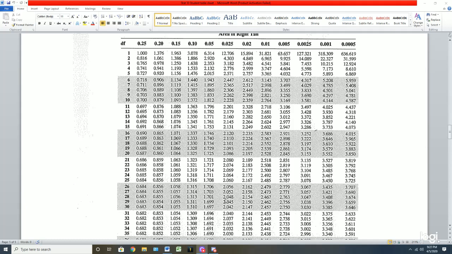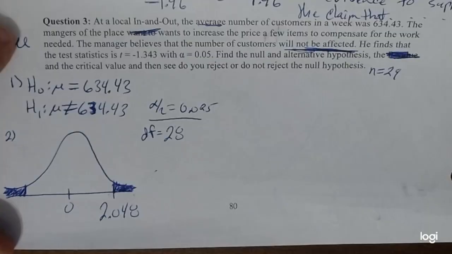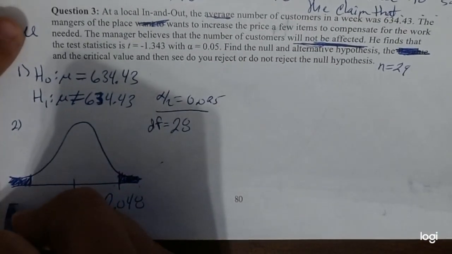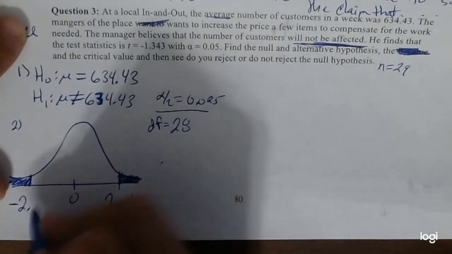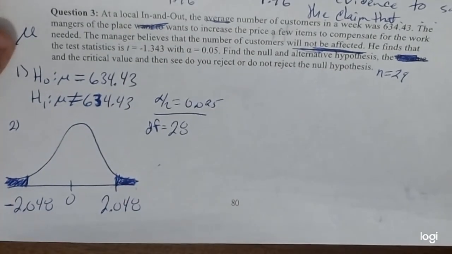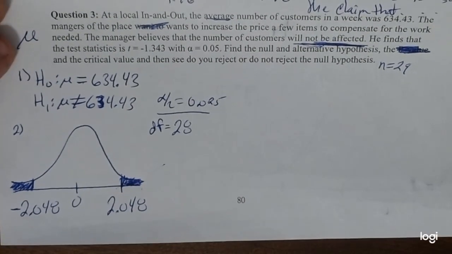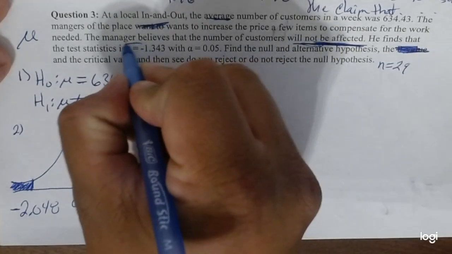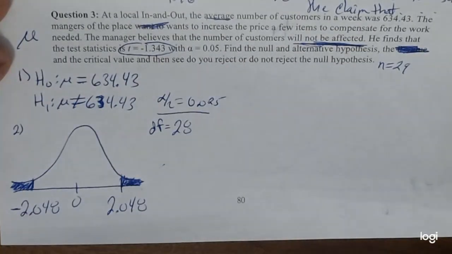So our t-value should be 2.048. Now remember, because we have a two-tailed test, we're shading both sides, so to get the one on the left, it's just a minus itself. And there we go. That's where we find the critical values. Okay. So here is our test stat, negative 1.38.